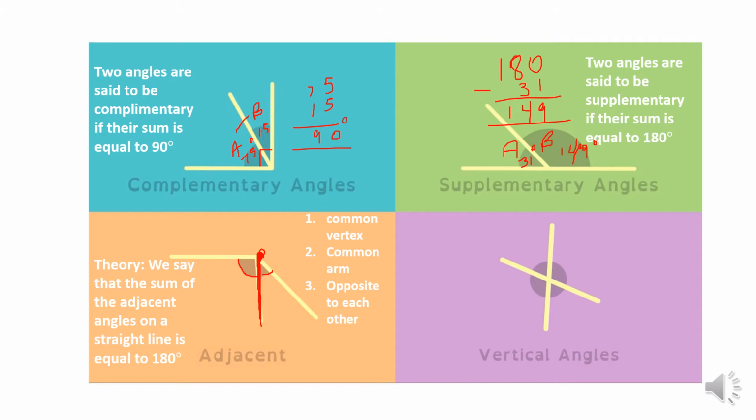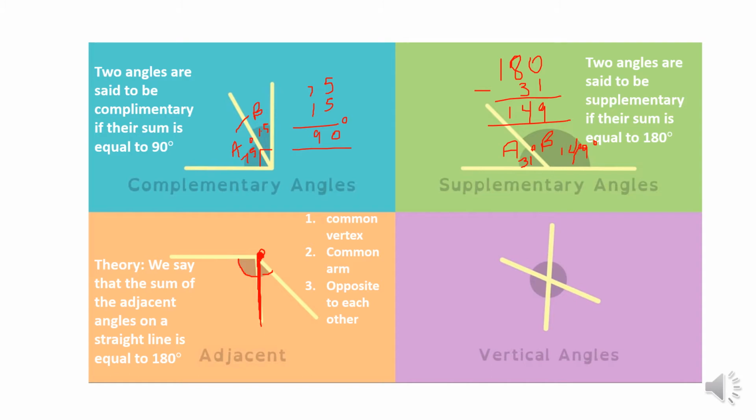So these are adjacent angles, and we say that the sum of adjacent angles on a straight line is equal to 180 degrees. I repeat, the sum of the adjacent angles on a straight line is equal to 180 degrees.